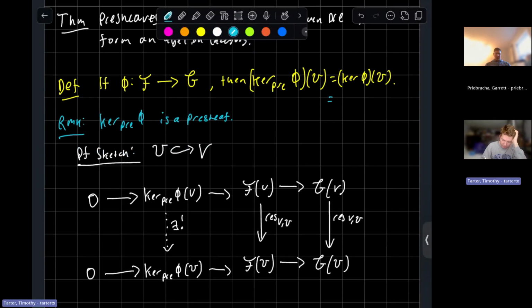And we want, so the kernel of phi at U is the set of, I guess, x in U such that phi of x is equal to 0.